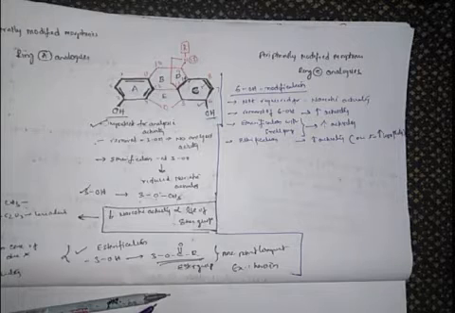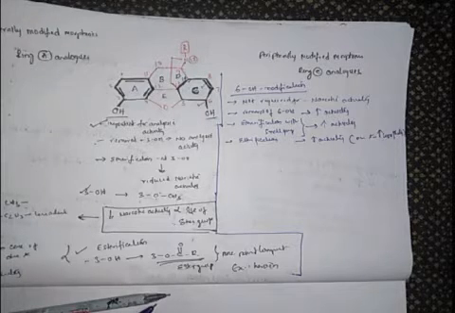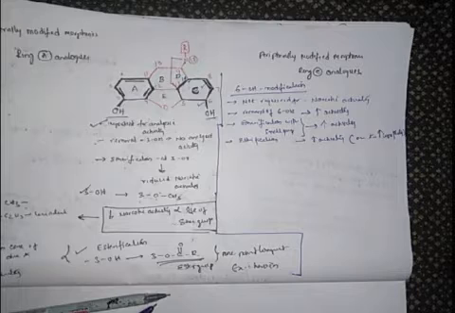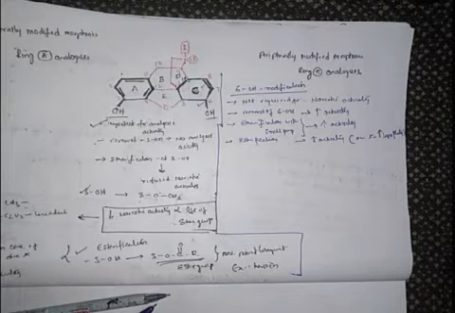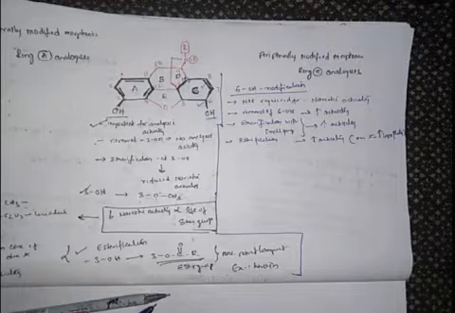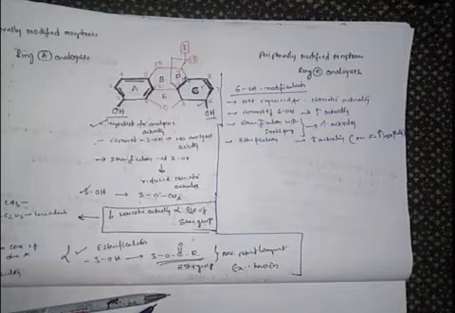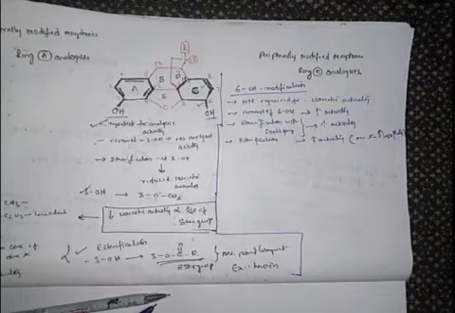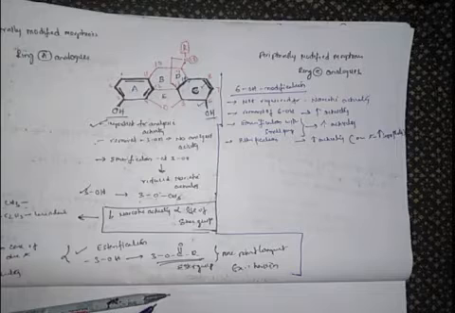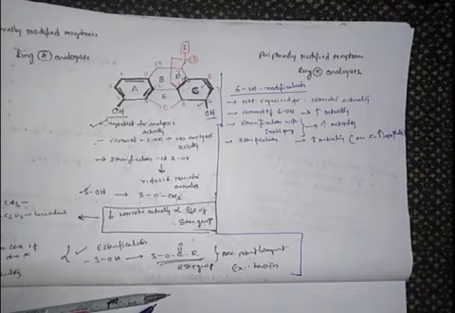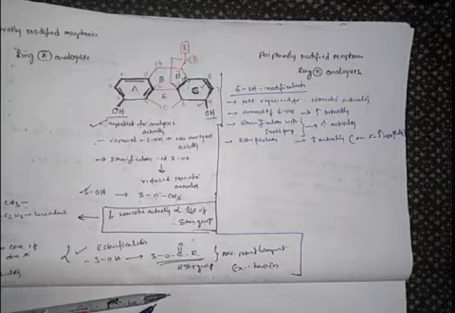So as lipophilicity increases, potency increases. The next outcome is that in a short time it reaches the central nervous system. With these two effects, the activity increases. These are the possible modifications at the 6 OH group.